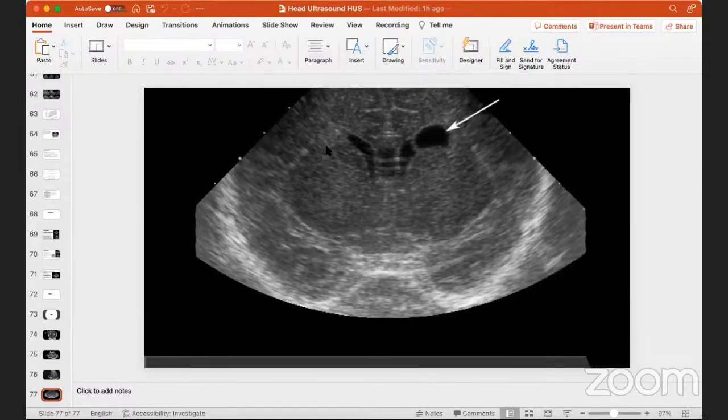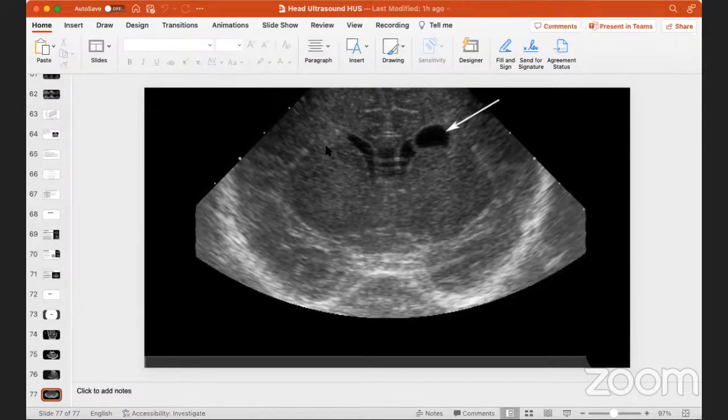Most of the time red is going towards the probe and blue is going away from the probe. But sometimes, especially with adults, the machine is set so that they flip these. So red does not always suggest that it is going towards the probe unless the orientation is right. So that is the first comment.